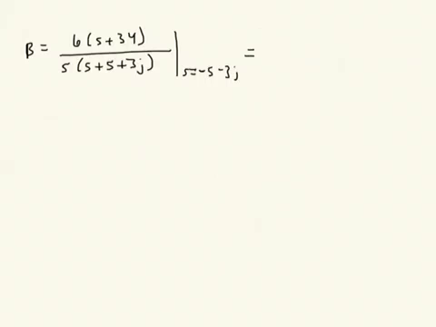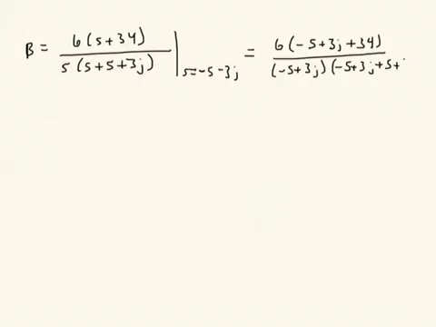So I plug in for this pole, and on top I get 6 times minus 5 plus 3j plus 34, over minus 5 plus 3j times minus 5 plus 3j plus 5 plus 3j. So the minus 5 and the plus 5 will cancel each other out.